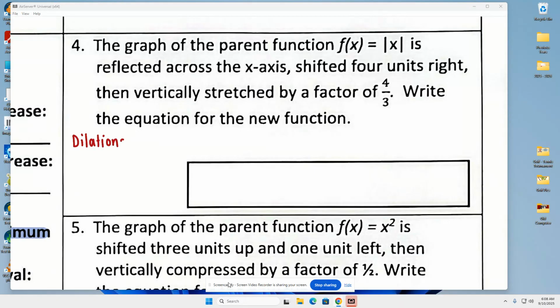Remember, dilations are when something's being multiplied, and you can multiply inside, that's horizontal, or outside, that's vertical. We also had what we call translations. Translations were also referred to as shifts. I guess I should have said that the dilations we also called stretch and compress.